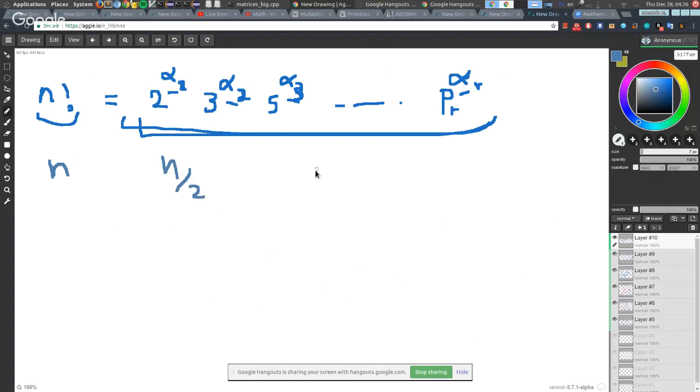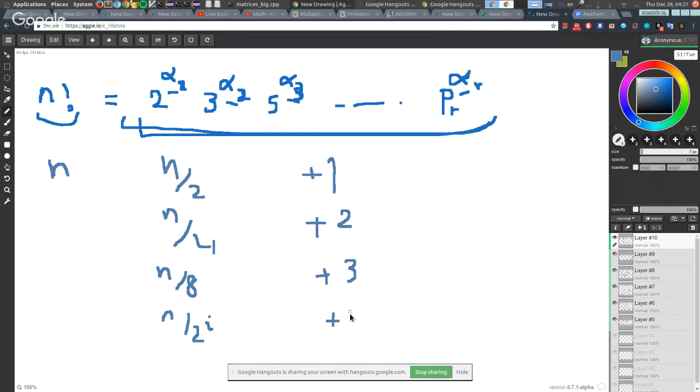Each of these numbers will add 1 to this value alpha 2. Then those numbers that are divisible by 4, n over 4, each of these will add 2 to the alpha. And n over 8: all the multiples of 8 will add the value 3, and so on.